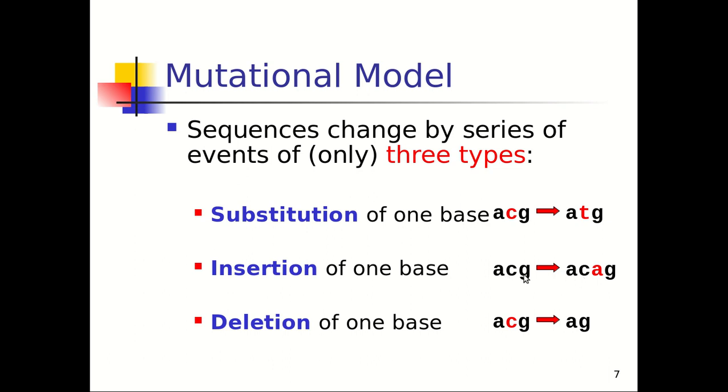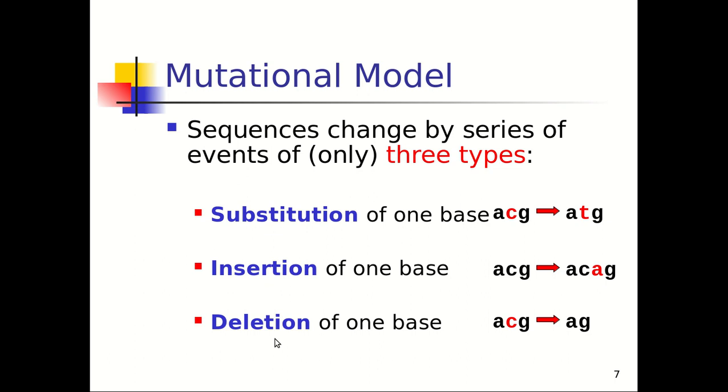So here ACG, and you're going to add an A in between the C and G. That's an insertion. A deletion, of course, is the reverse of that, where there was a C here and it got deleted, it got cut out, and now it's A followed by G. So these are your three basic forms of sequence change caused by mutation.